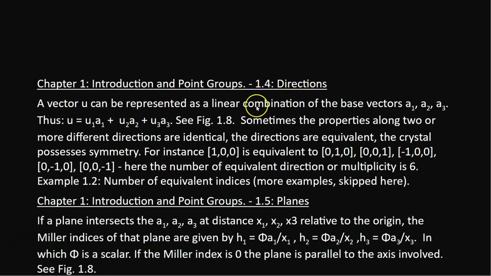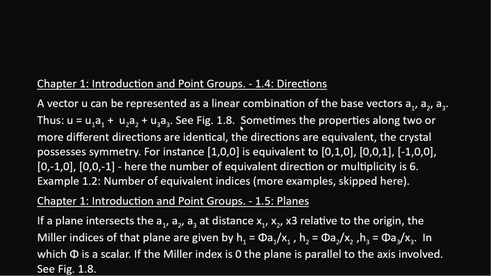Then paragraph 1.4, directions. A vector u can be represented as a linear combination of base vectors a1, a2, and a3. Thus, u is then u1 times a1 plus u2 times a2 plus u3 times a3, one for every dimension, of course. See figure 1-8. Sometimes the properties along two or more different directions are identical.